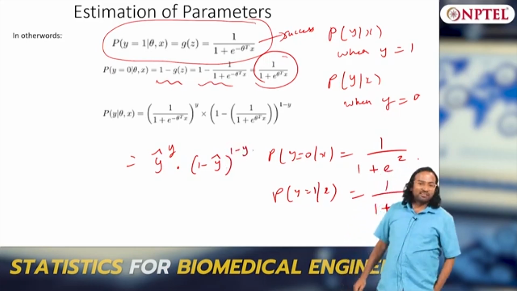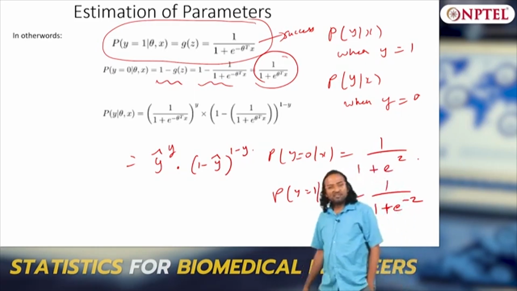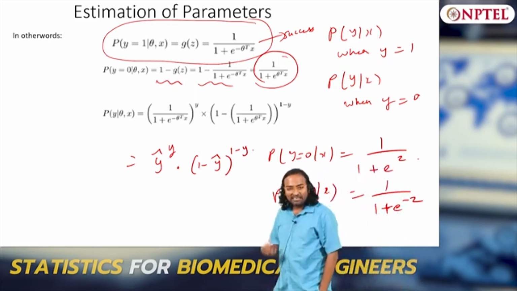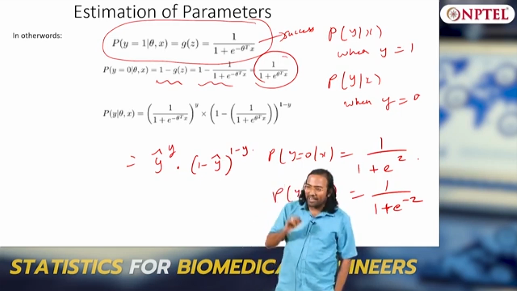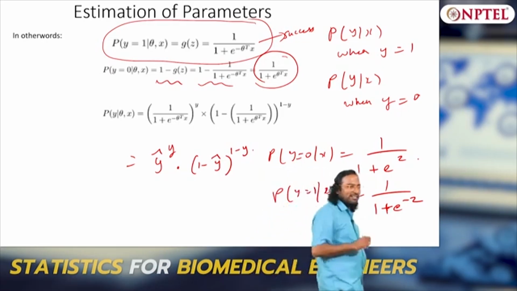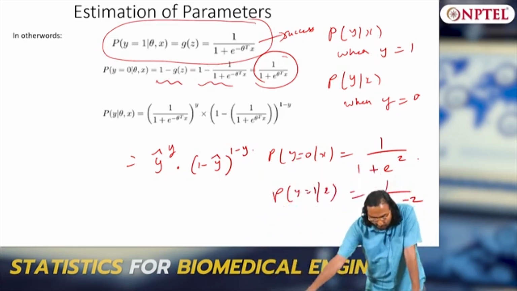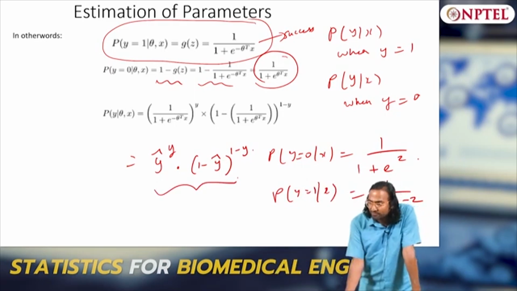What is my prediction? My prediction function is 1 by 1 plus e power minus z. That is my function used to predict the probability. So I write it as y hat, always hat stands for prediction, y hat to the power y into 1 minus y hat to the power 1 minus y.